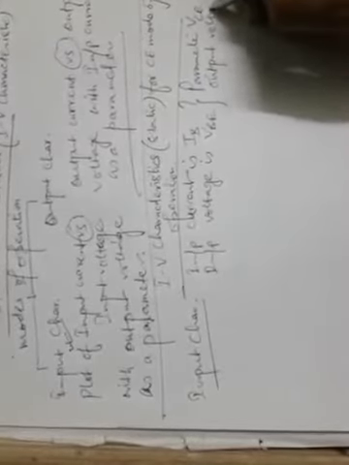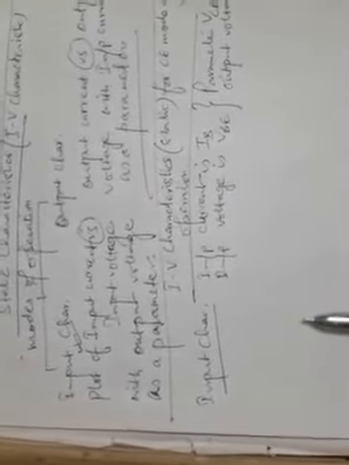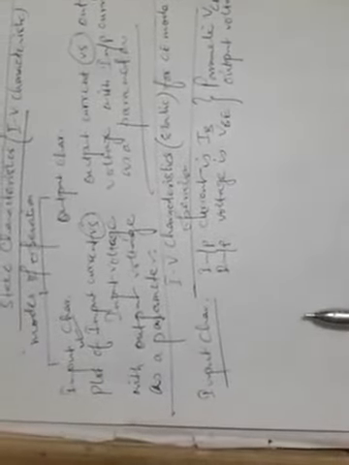So the input characteristics will be a plot between IB and VBE with different values of VCE.